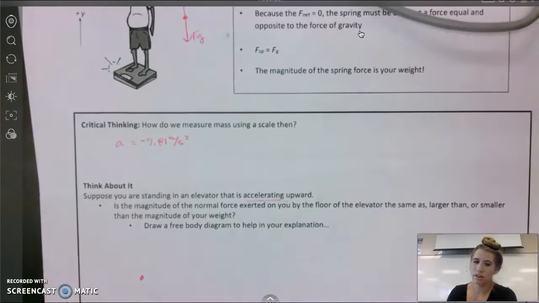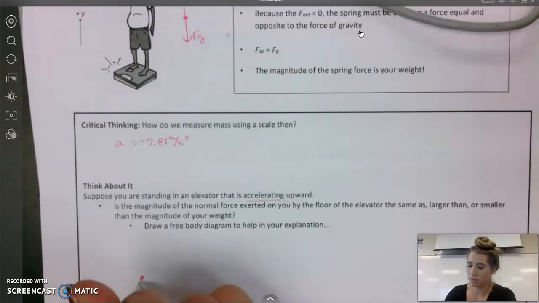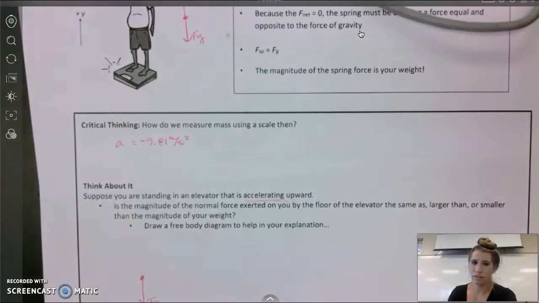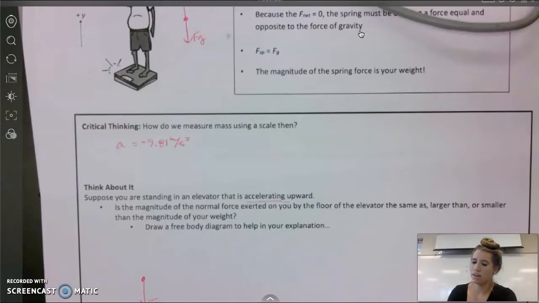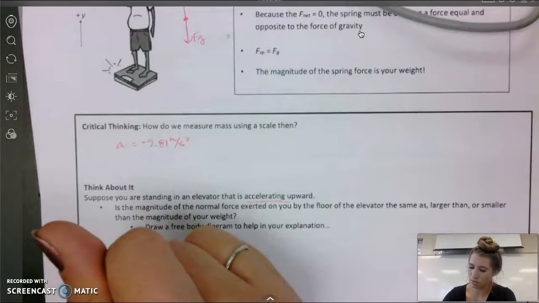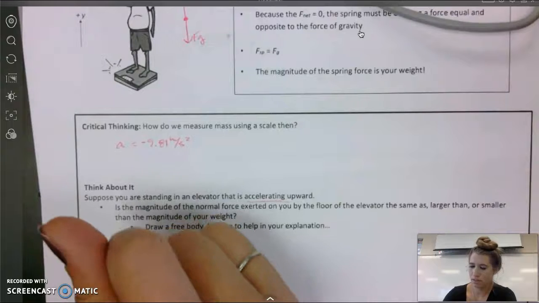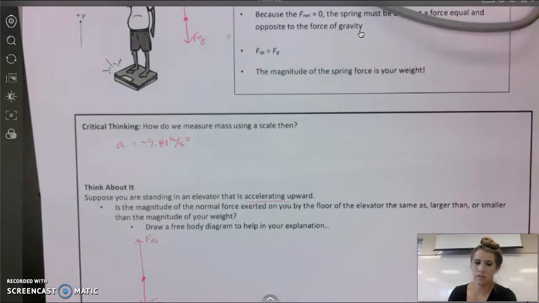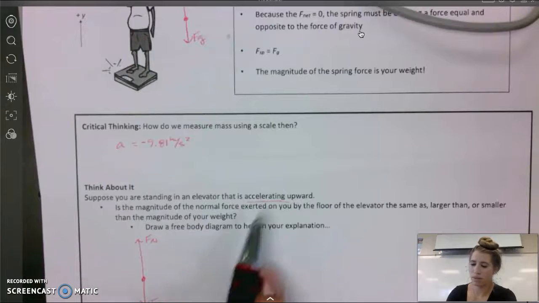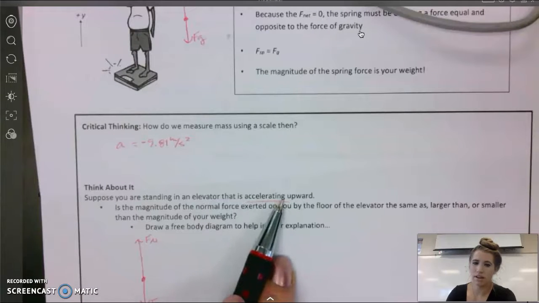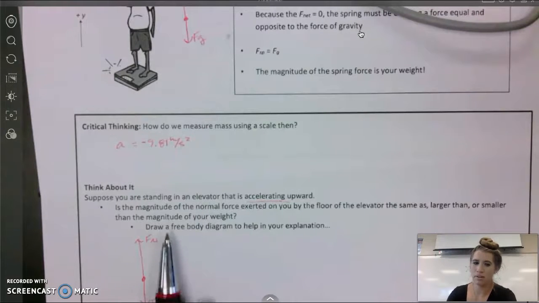So if I'm standing on the floor of an elevator, I have my force due to gravity, okay? And then I have the elevator floor pushing back up on me. Okay, so force normal. But this normal force has to be greater than the force due to gravity because there's an acceleration involved. And we want that acceleration to be in the positive direction, so that's why that one's greater.